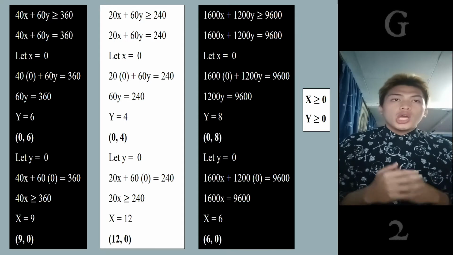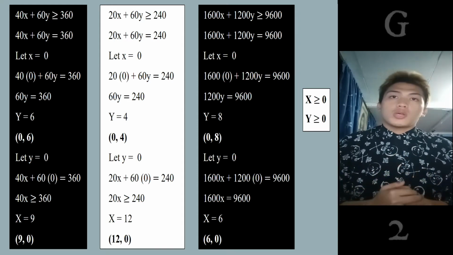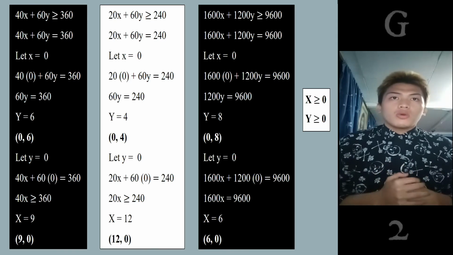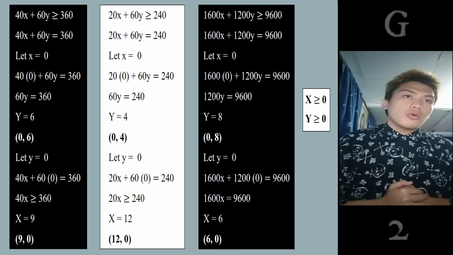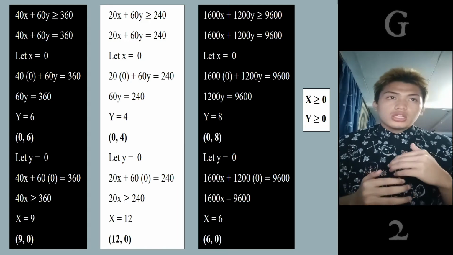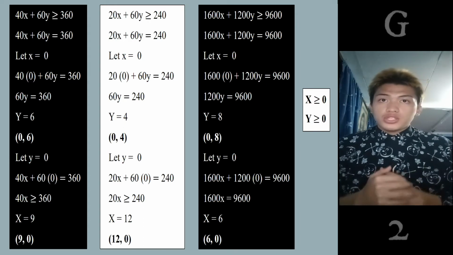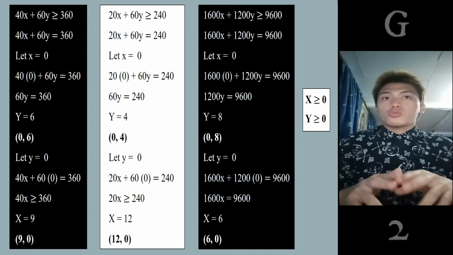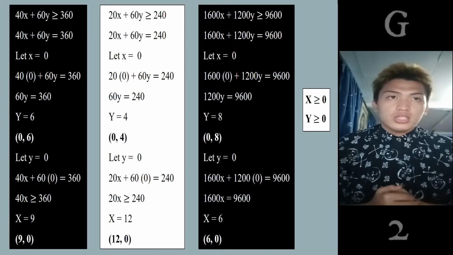Now to proceed, for us to get the 2 points, we will let x and y be equal to 0. Here we let x equal 0, and with that we'll have 40 times 0 plus 60y is equal to 360. Now we have 60y is equal to 360, and dividing both sides by 60, we come up with y is equal to 6.